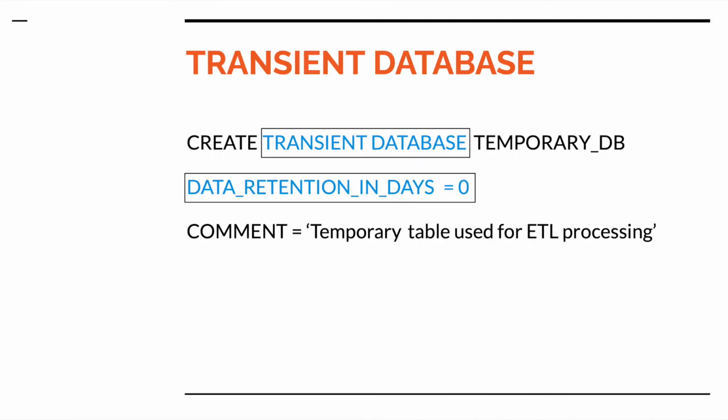We will set such databases to be transient so that the fail-safe option is not the default for tables in the database. Setting the option doesn't mean that such databases are not protected by fail-safe if a data loss event occurs. But for temporary databases and tables, this should not be an issue. Also, we have set the time travel to be 0 so that there is no time travel storage as well.